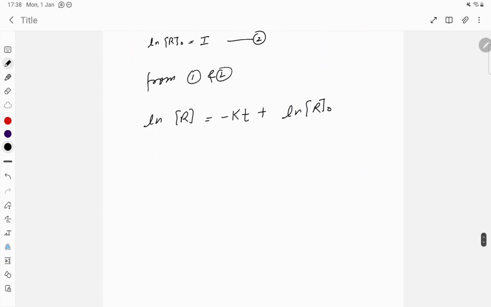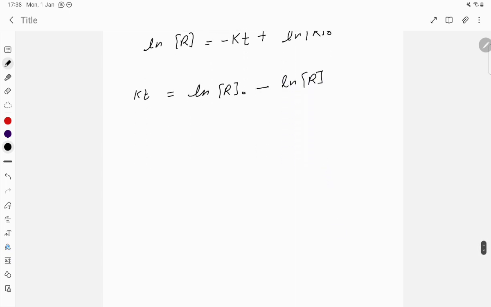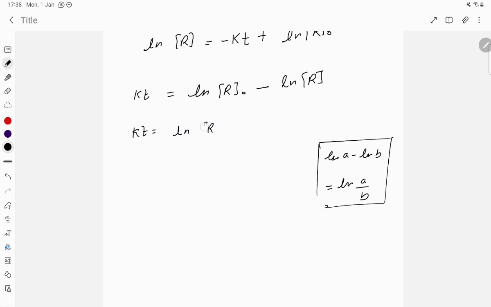Now we rearrange: kt goes to this side, so kt is equal to ln R naught minus ln R. The rule is ln a minus ln b is ln a by b, which you can also try simultaneously. So kt is equal to ln R naught by R.